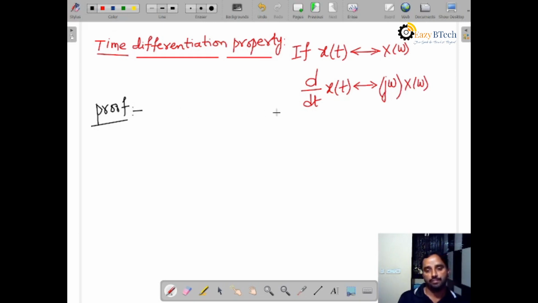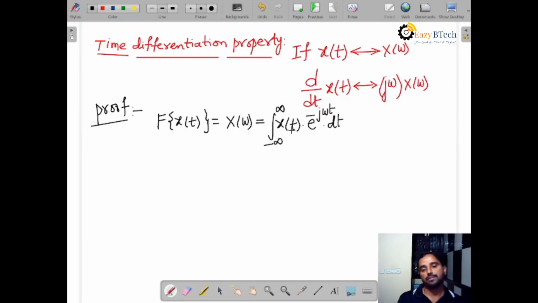So first we have the Fourier transform formula. Fourier transform of x of t is X of omega is equal to integral minus infinity to plus infinity x of t into e to the power minus j omega t dt. Right? This is the Fourier transform of x of t. And we have the inverse Fourier transform formula.